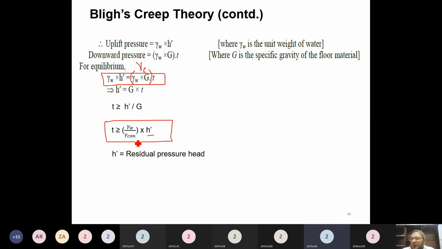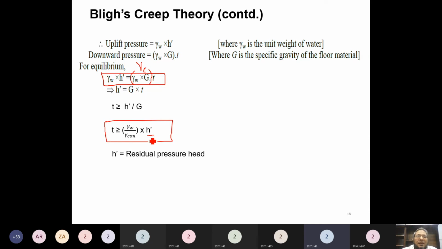And how much is the gamma of concrete? RCC का कितना होता है? 150. इसका ratio क्या आया? Less than 1. यार वो तो पता है, less than 1. 62.4 divided by 150, माशाल्लाह, 0.416 या 0.42 लेने हैं roughly.